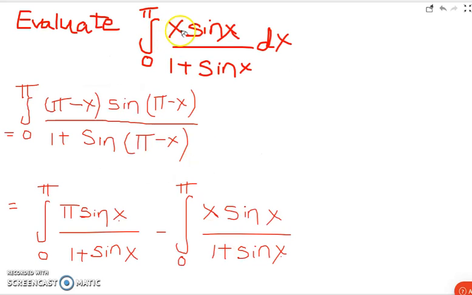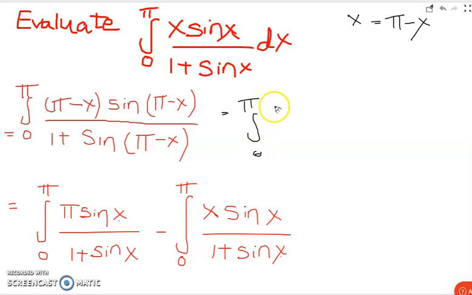Now let's start. The technique we use is, in place of x we have to write pi minus x. We will get the same integral: pi minus x times sin of pi minus x by 1 plus sin of pi minus x, with upper limit pi and lower limit 0.